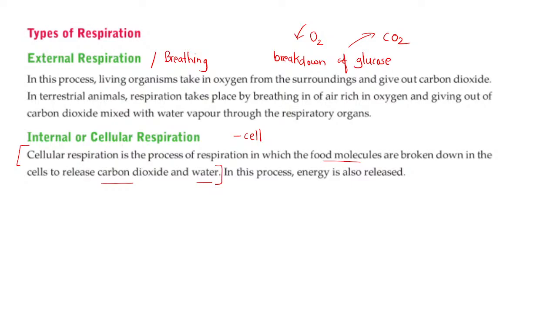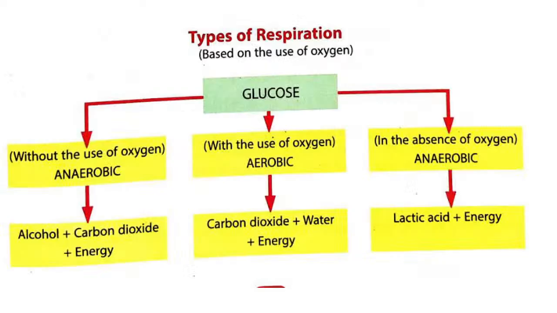Now this internal respiration process or the cellular respiration process takes place in two ways. Let us understand both the ways in detail. Depending on whether we use oxygen or whether we don't use oxygen, the respiration can be grouped into two main categories. Over here we have first category and second category.